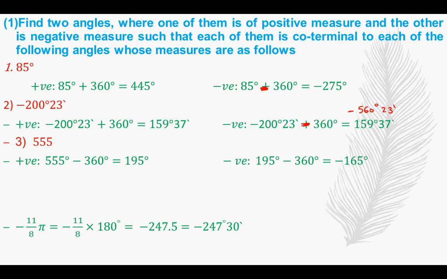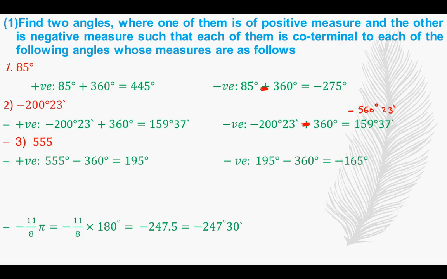Another example, here 555. Here you have an angle bigger than 360. So if you have an angle whose measure is bigger than 360, you have to put it in the form of an angle from 0 to 360 first.